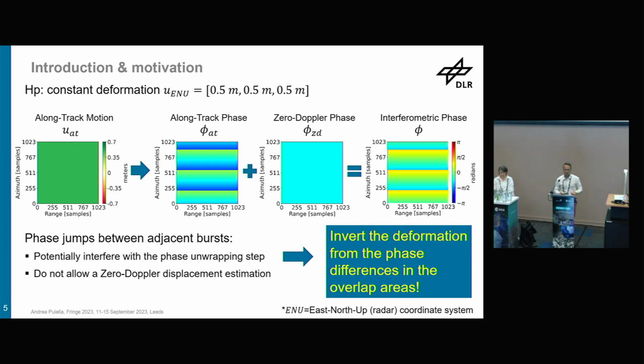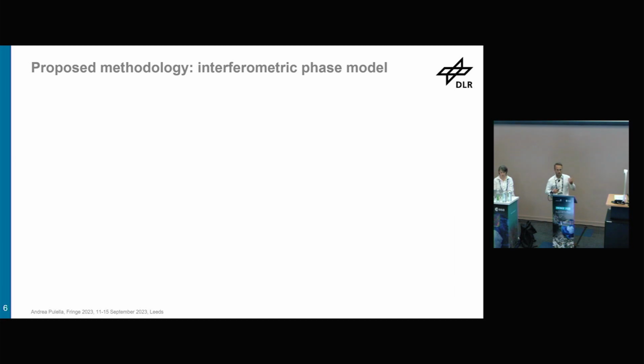First of all, we have to invert the deformation from the phase differences in the overlap areas. I'll show you our suggestion. We are fixing an interferometric phase mixing model, which consists of 2 SLCs described as follows.